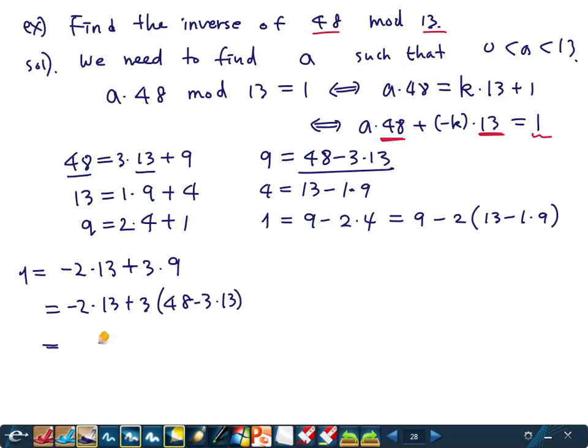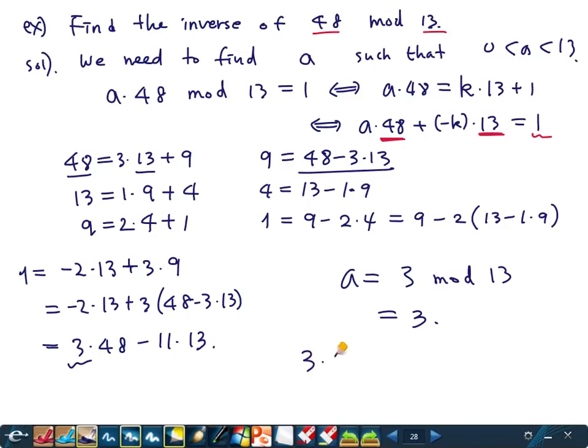If we simplify this, it's going to be 3 times 48 minus 2 minus 9, so minus 11 times 13. Now we found A, which is 3. So A is, in fact, this. 3 mod 13, which is just 3. This is the answer. The inverse is this, because 3 times 48 mod 13 equals 1.